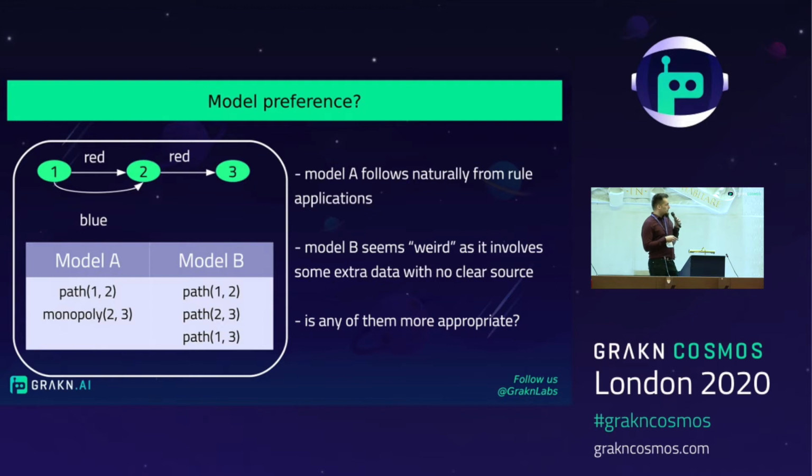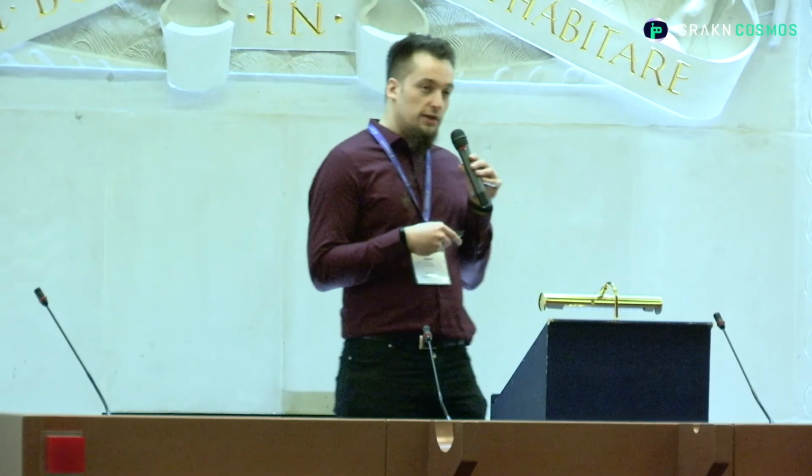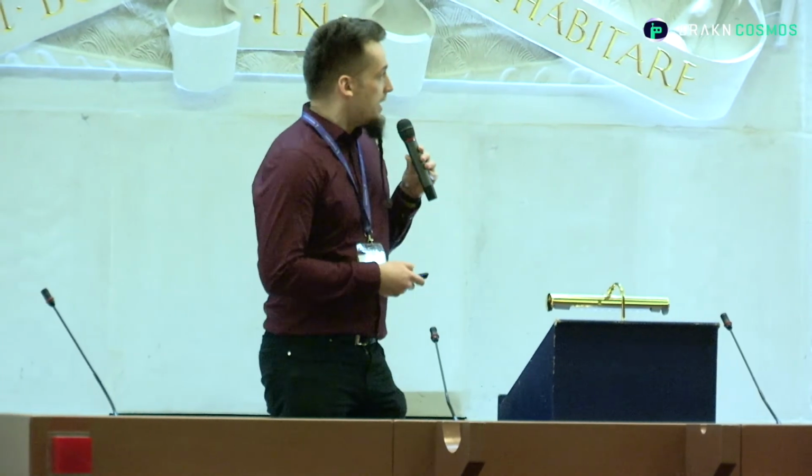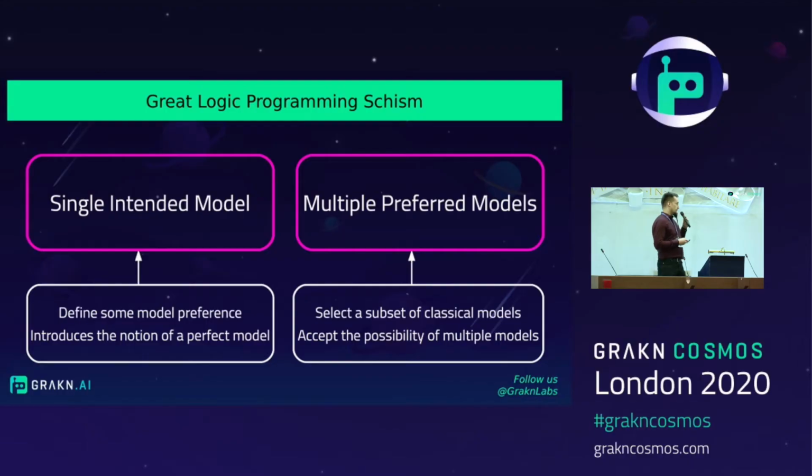Now, even though model A seems the more natural one, can we say that either of them is more appropriate? This is a very fundamental question, and it led to the so-called great logic programming schism, where we have two ways of dealing with it.